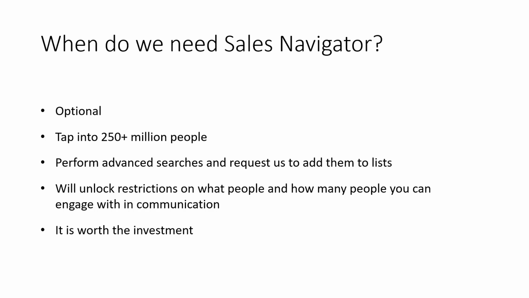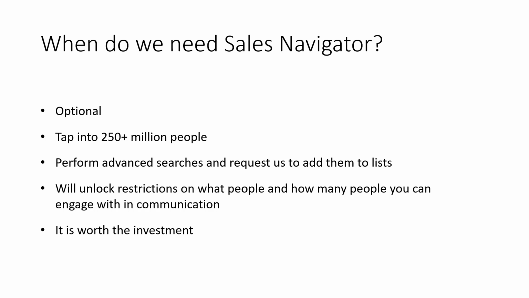When you have Sales Navigator, you'll be able to do advanced searches on LinkedIn. You can filter, just like on our platform, on title, on the company, the industry, keywords, etc. And so you can basically find executives at companies that you want to reach, or any type of person basically.